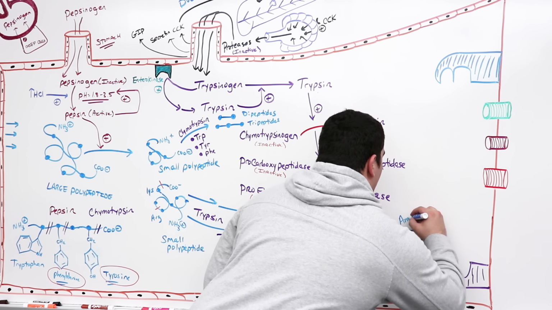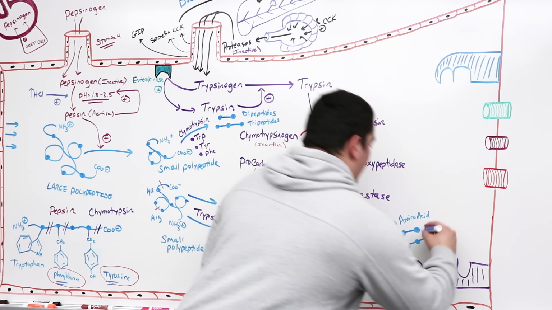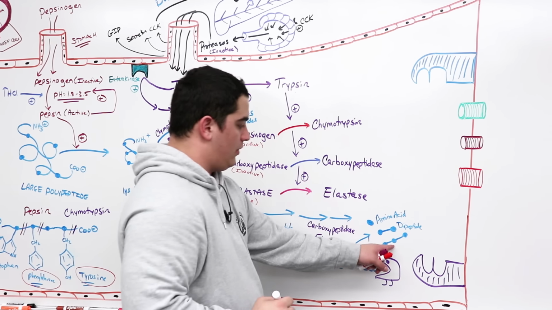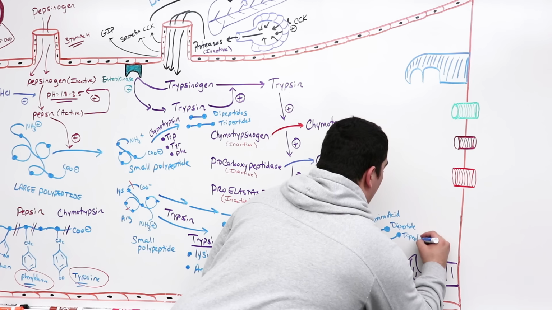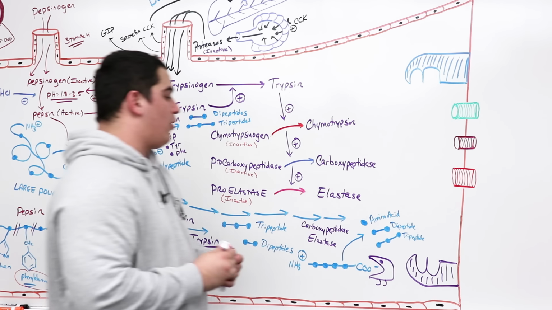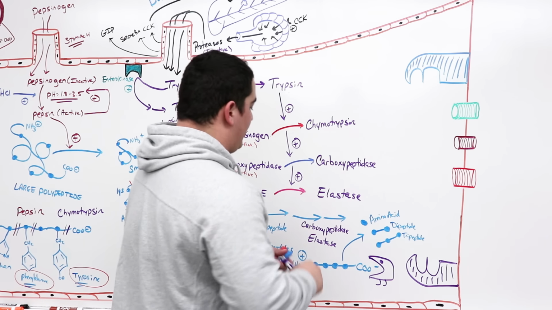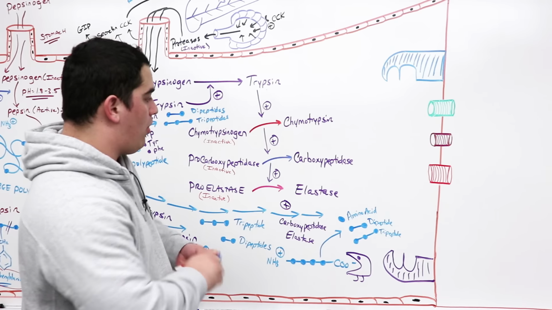This should be an amino acid. This one right here should be a dipeptide. And this one right here can be a tripeptide. Okay? So cool, we know how these enzymes are functioning. Let's go to the next part.